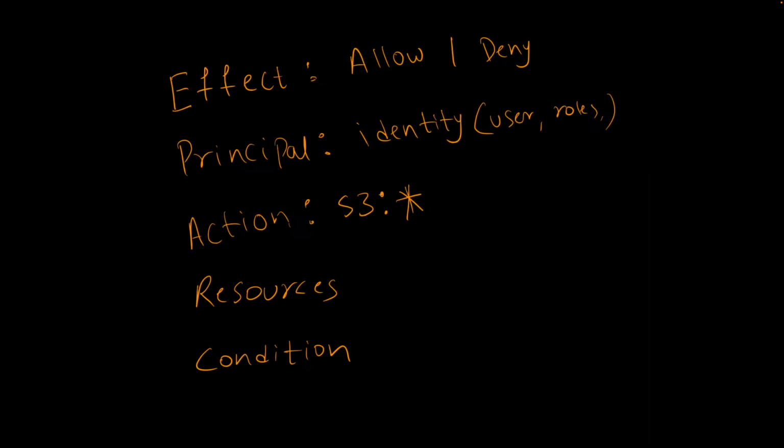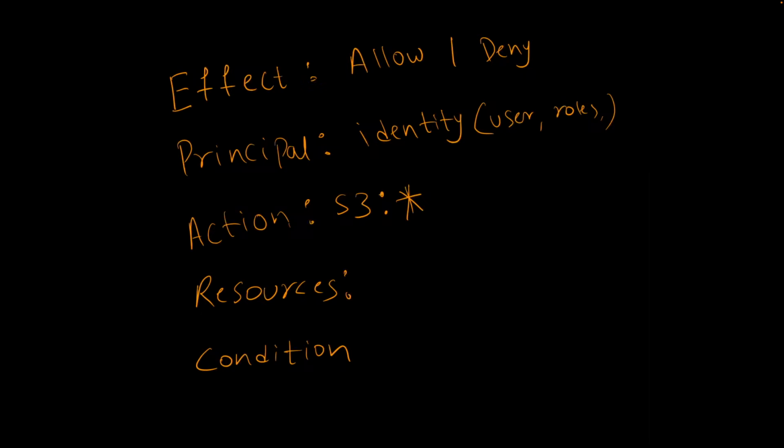Now, if you define the name of a service, it is only for S3, but if you do not define it and you say asterisk for this as well, that means all AWS services, and for those services, all the API calls, that means all actions, are permitted. That's what you're trying to say here. This is too permissive, so I'm not going to do that. I would rather keep it as only S3.